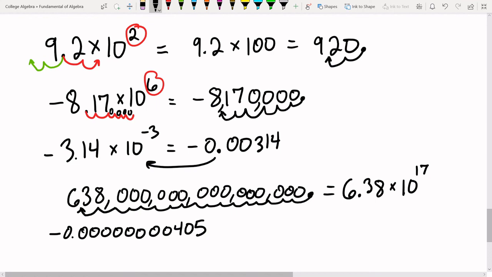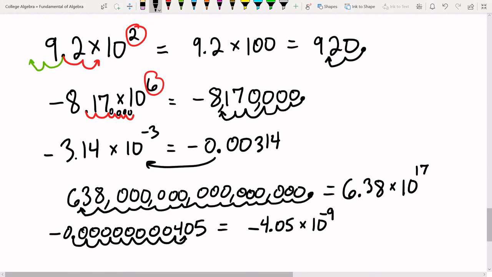Okay, the same thing is true for this decimal number here. We find the decimal point, which is right here, and we go 1, 2, 3, 4, 5, 6, 7, 8, 9. This is negative 4.05 times 10. Now we move the other way, so we're going to give it a negative 9 here.